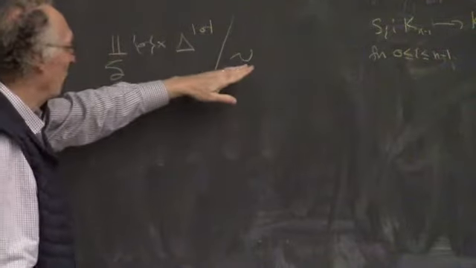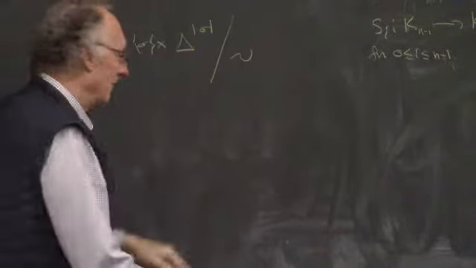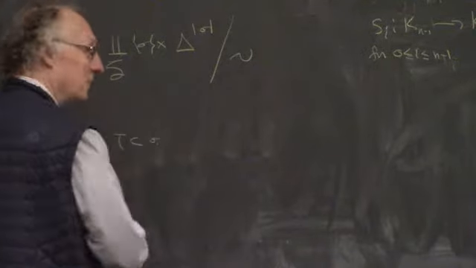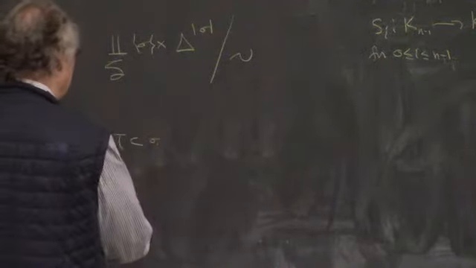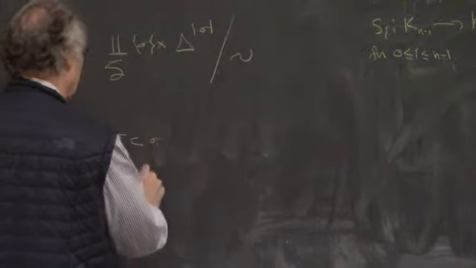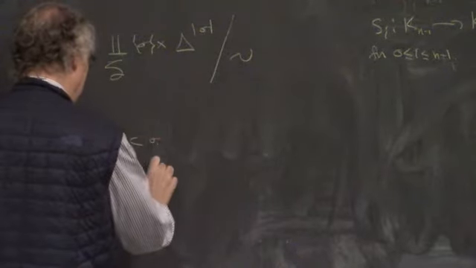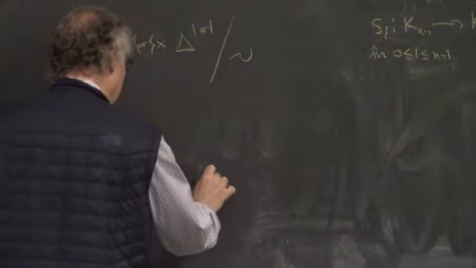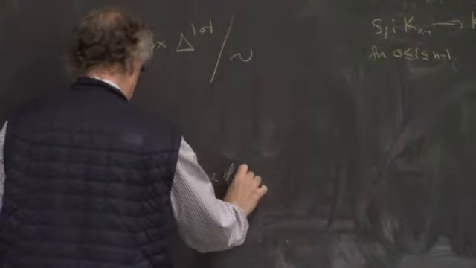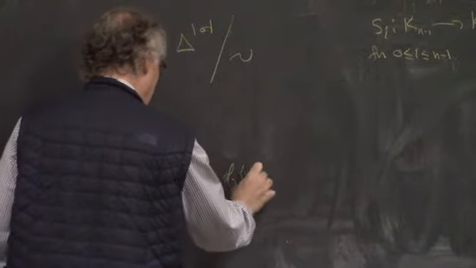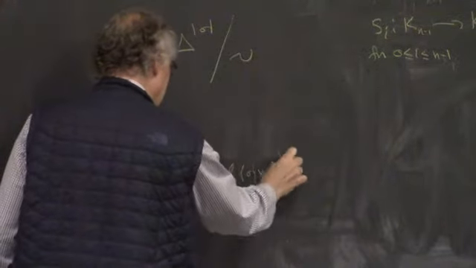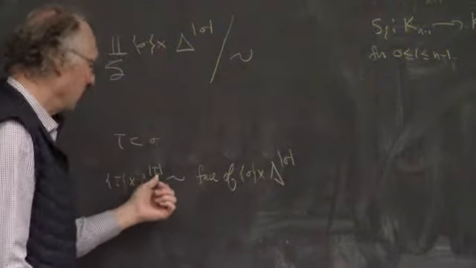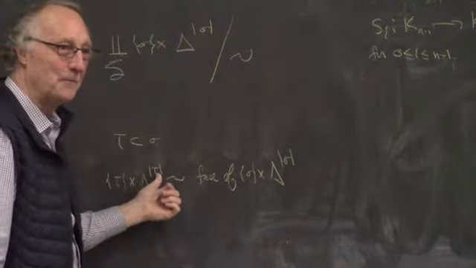And now I form the quotient space where anytime tau is a subset of sigma, tau cross delta tau is identified with the appropriate face of sigma cross delta sigma, namely the face of this simplex spanned by the vertices in tau.